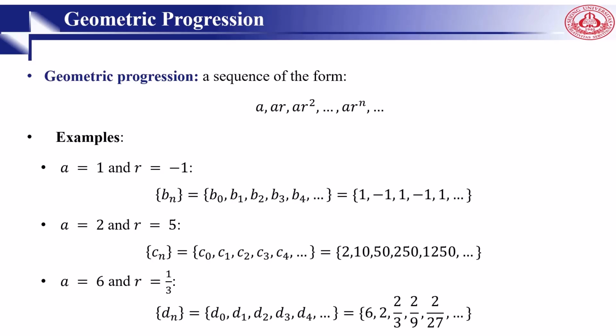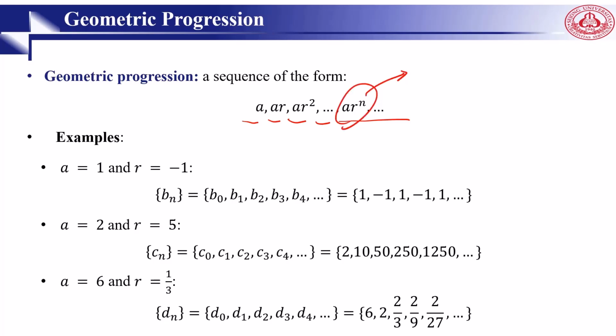There are some famous sequences. We will study some of them like geometric progression, arithmetic progression, and others. A geometric progression is a sequence of the form a, ar, ar squared, ar cubed, and so on. It means we have a and r to the power of n.